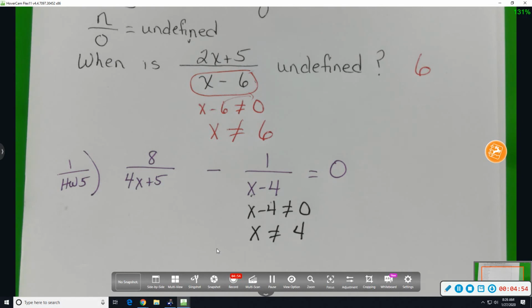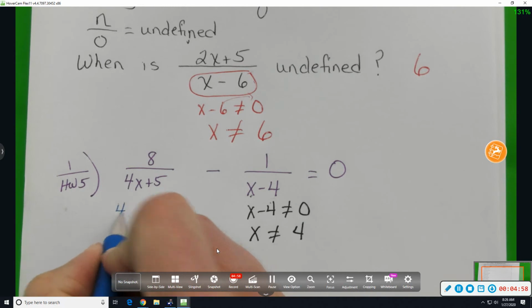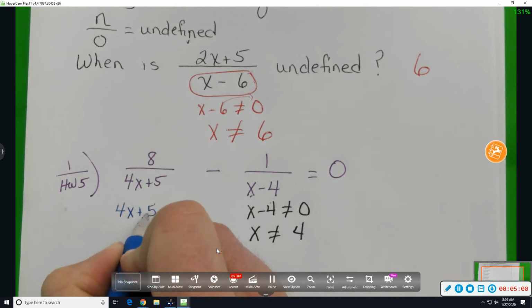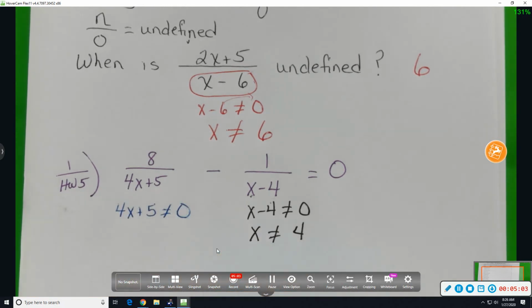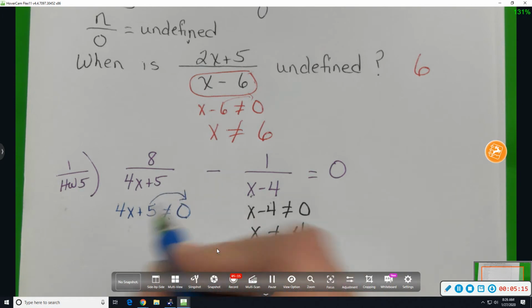But doing the same thing with the 4x plus 5, that one's a little bit more involved. Then we're going to wind up with a fraction. That denominator, that's a not equal to. 4x plus 5 cannot equal 0. Isolate x. I'd move the 5 over.